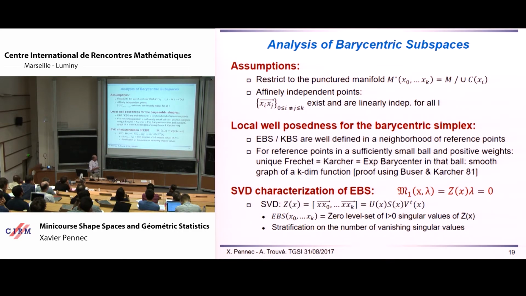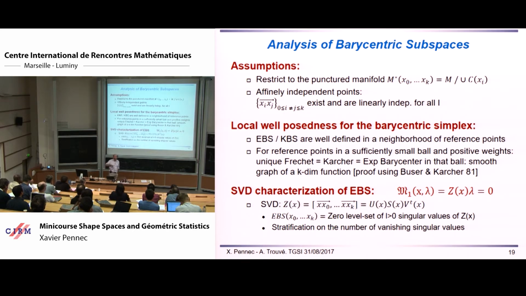Now, if we reformalize the equation of the exponential barycenter using this matrix equation, where this is just at each point the set of vectors pointing to the reference points, the set of the logs, we do a singular value decomposition, and we can see that the exponential barycentric subspace is the 0 level set of the singular values.